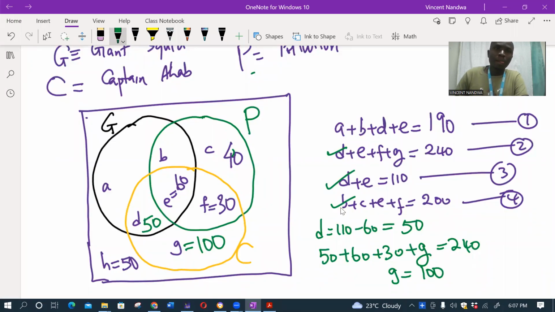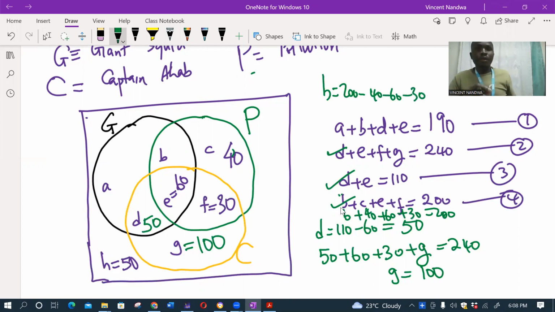So if I pick B, which we haven't used, B plus C, which is 40, plus E, which is 60, plus F, which is 30, I should get 200. So B would be 200 minus 40 minus 60 minus 30, which gives me 70. So here we have 70.